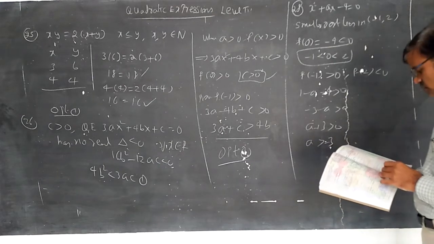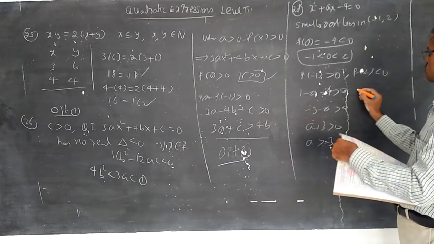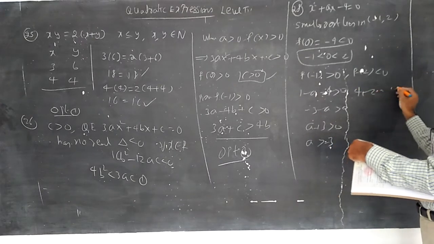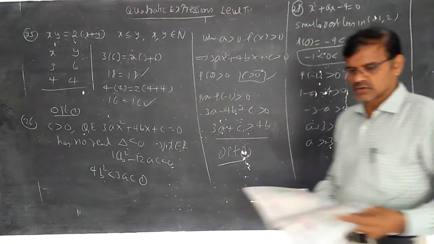And f of 2, if you substitute, 4 plus 2a minus 4 less than 0, so 2a less than 0. We got it is wrong.